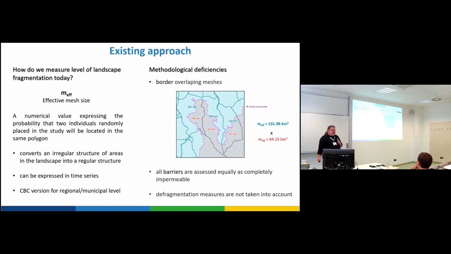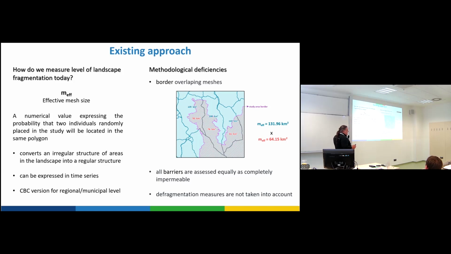The common existing approach, you know it very well also, is effective mesh size, which was created some 25 years ago by Jaeger, and it converts an irregular structure of different areas based on barriers into a regular structure.